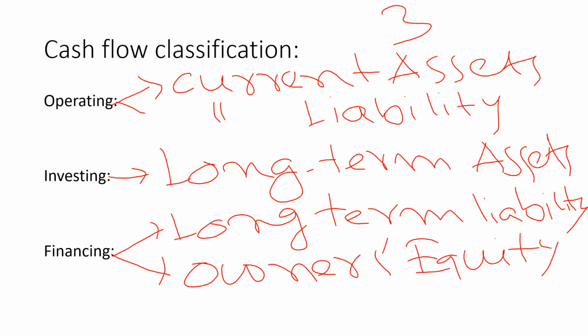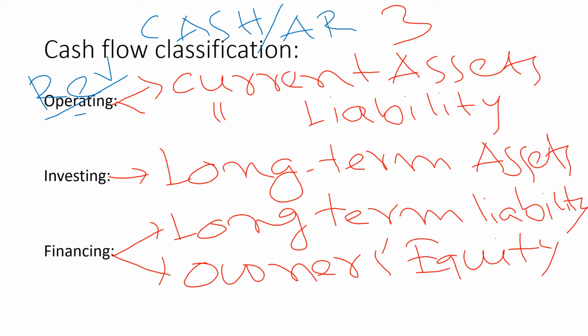Let's have some examples of operating activities. The example of operating activity would be service revenue. When we provide service, we either receive cash or accounts receivable increase. Both of them are current assets, you can see. And now think about an expense.